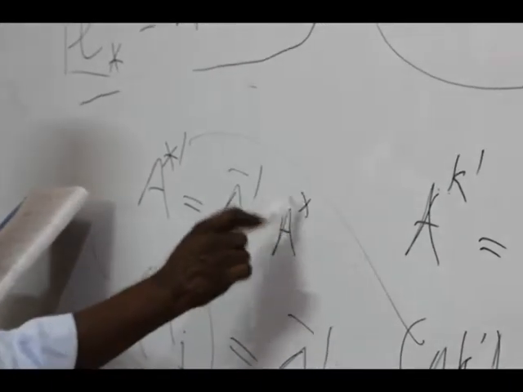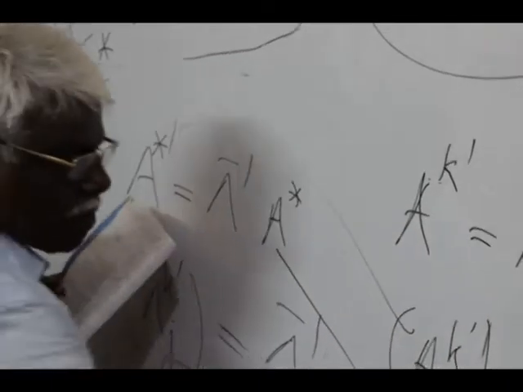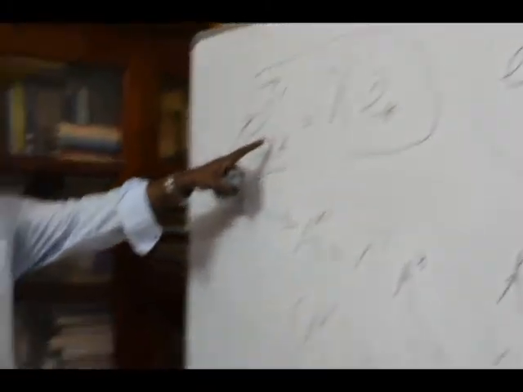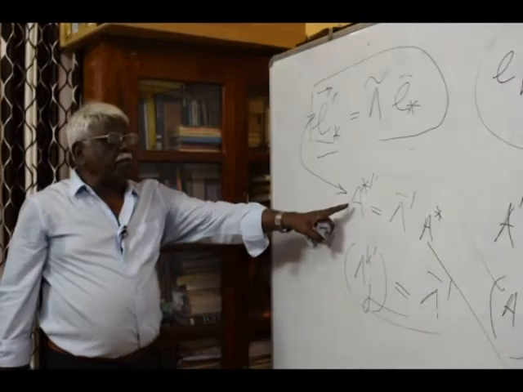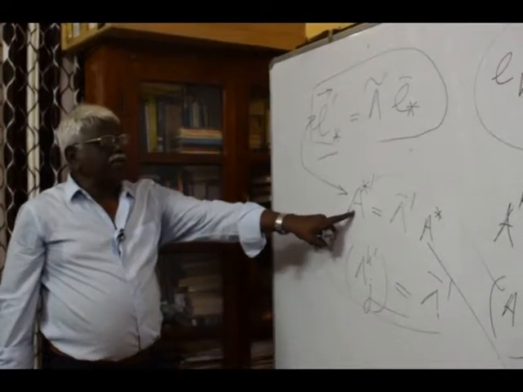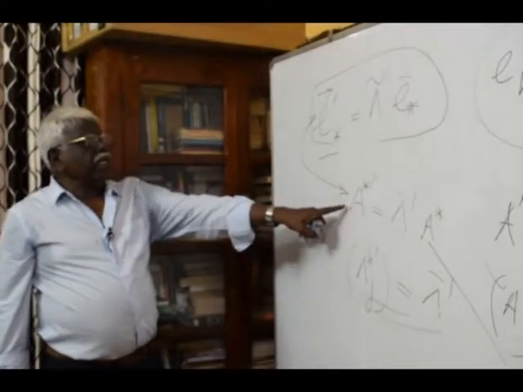This I called as matrix A star AI. Okay, fine. So compare these two equations. This is the transformation formula for basis in matrix notation. Transformation for components of the vector. So compare these two.